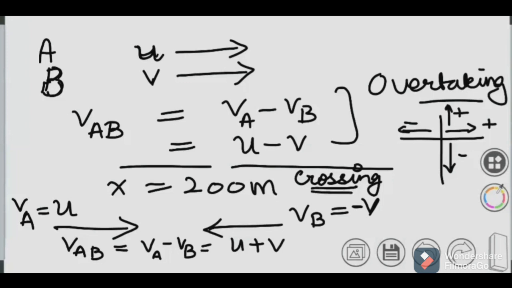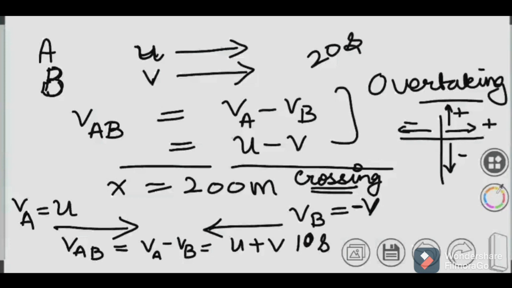It says two trains A and B, each of length 100 meter, are running on parallel tracks. One overtakes the other in 20 seconds and one crosses the other in 10 seconds. So for crossing, they have given the time as 10 seconds, and for overtaking, they have given the time as 20 seconds.